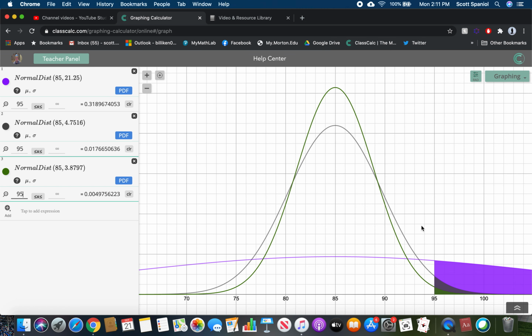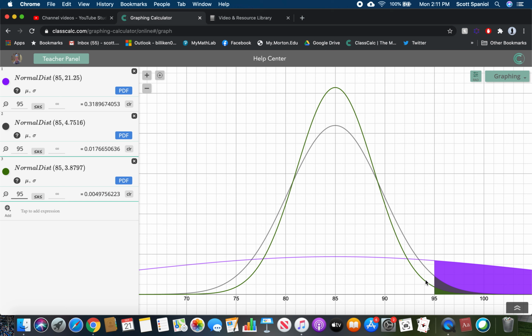Okay, so we might assume that this number is wrong now, that a mean of 85 is no longer accurate if we were to get a mean like that, because it's highly unlikely that our sample would give those results. And that's how we're going to use this in the future for what's called hypothesis testing.